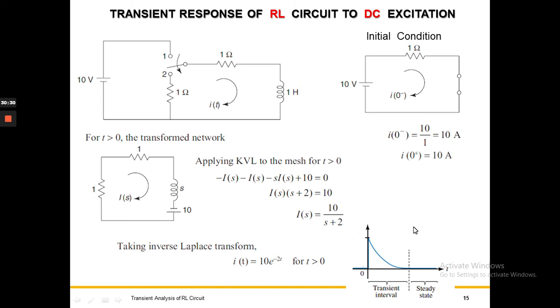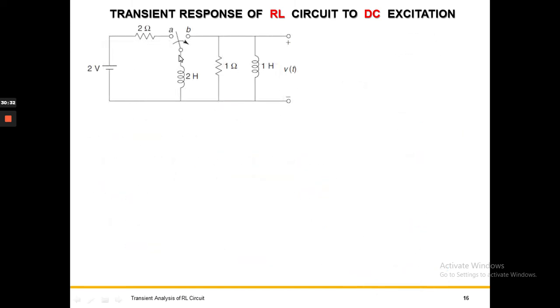Okay. As a second example, consider this network. Okay, so the switch is in position A before t is equal to 0. At time t is equal to 0, it is changed from position A to B. Okay, so the first step is you have to find out the initial condition. So that means the initial current through the inductance. There are two inductances.